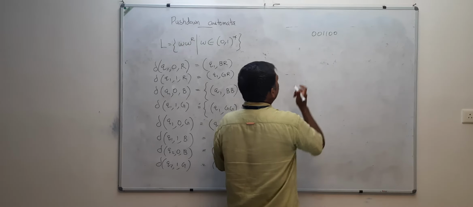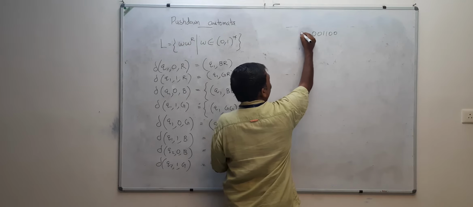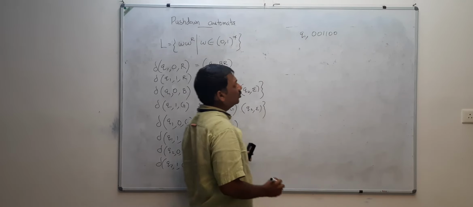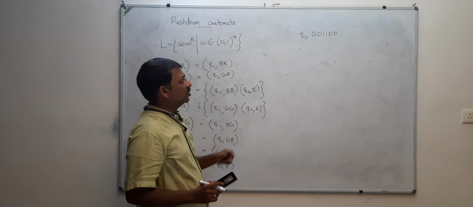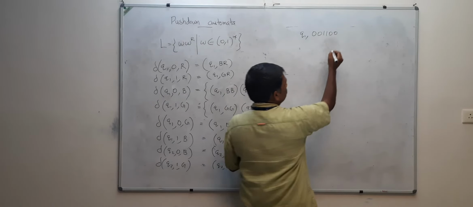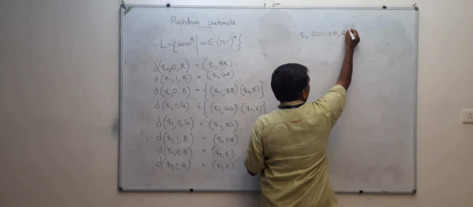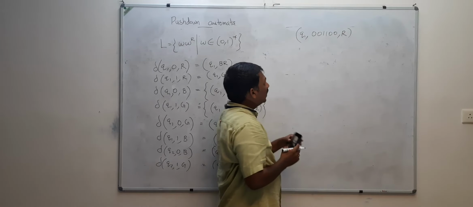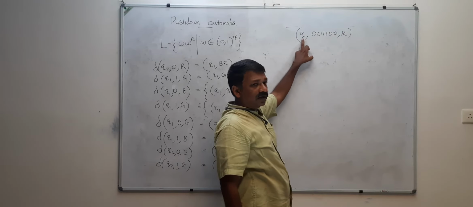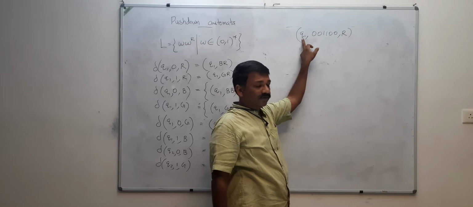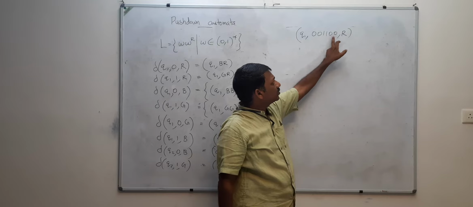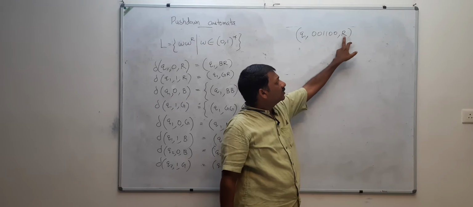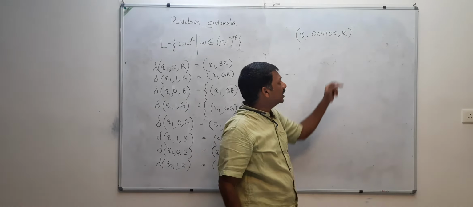I am going to define the instantaneous description like this: Q1, the input 0, 0, 1, 1, 0, 0, and the stack top R. Here Q1 is the current state of the finite control, the input is 0, 0, 1, 1, 0, 0, and this is red. The next input is red.